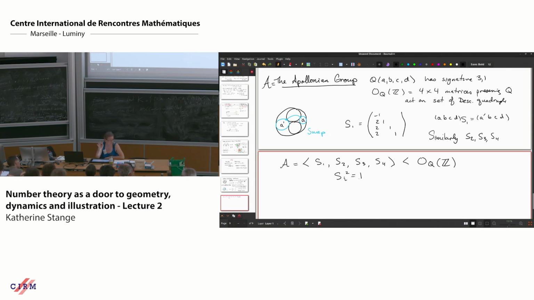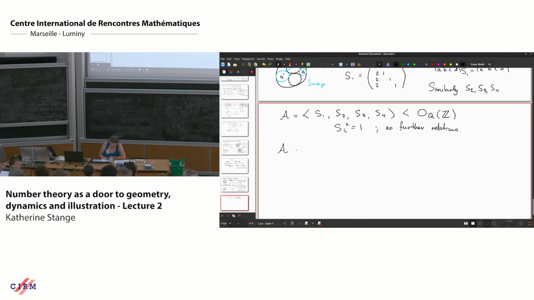It's the free product of just Z mod 2Z. There's no further relations. So that means that if you want to draw a Cayley graph of this, it really does look like a tree. Okay, so the Apollonian circle packing at least has this treeness that we lose in the Schmidt arrangement.